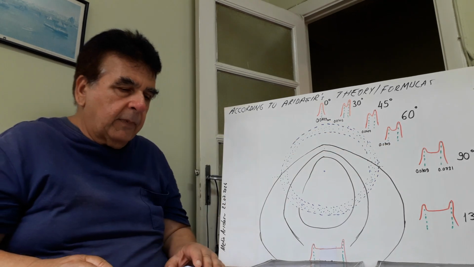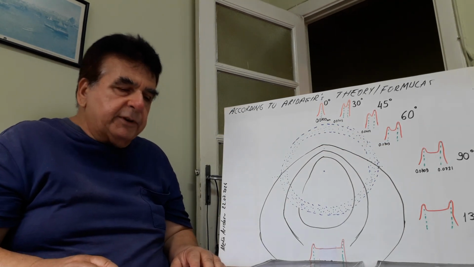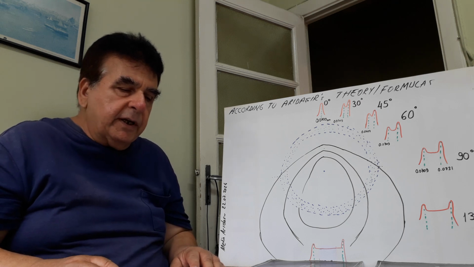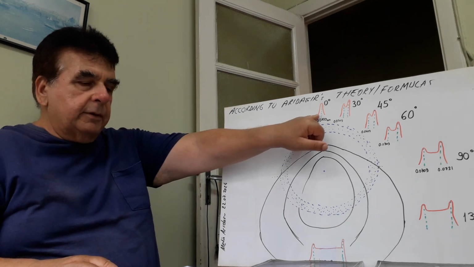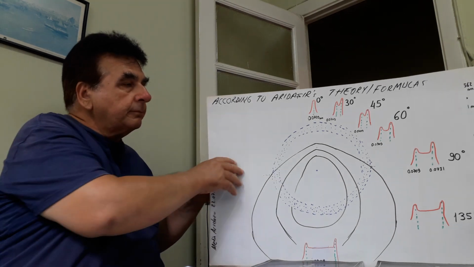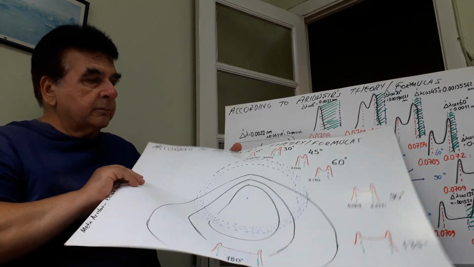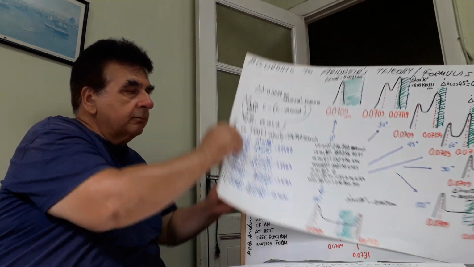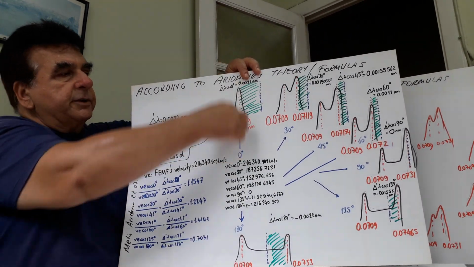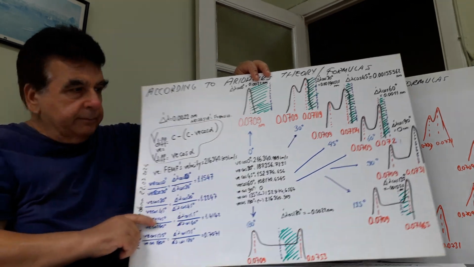Second, in the Compton experiment, the peak represents a characteristic X-ray K-alpha wave with 0.0709 nanometer K-alpha.